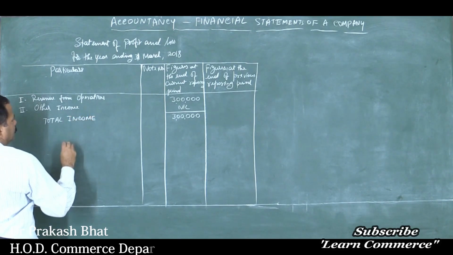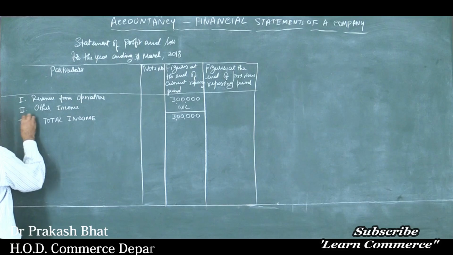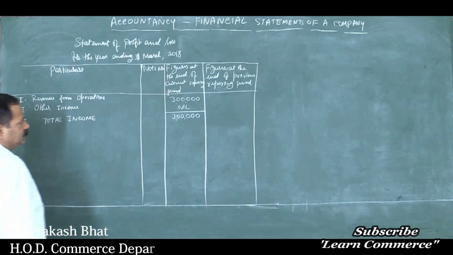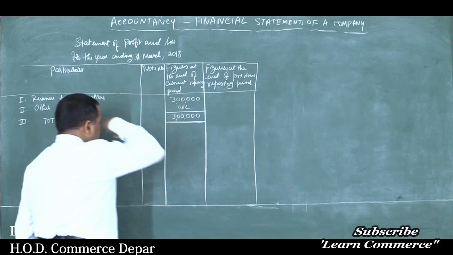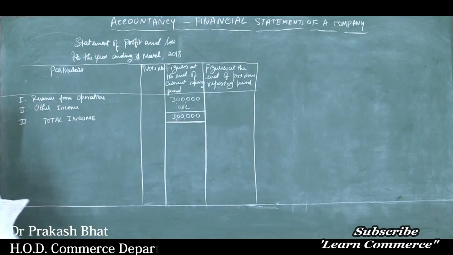Total income, isn't it? This is Roman 3. Underline it. It's over. Now, move on to the expenses.